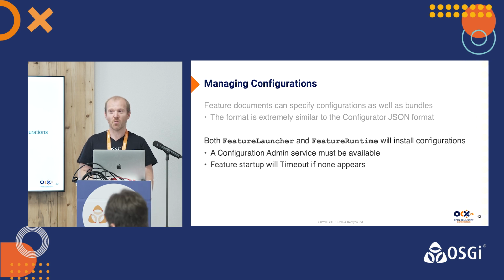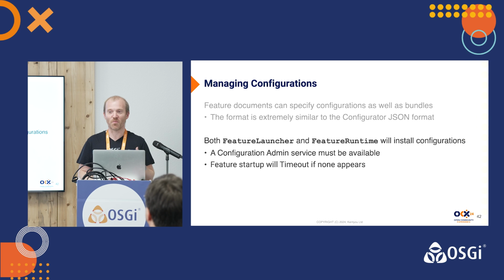Now, in order to allow launching to work, what that means is configurations will be installed as early as they can be, but it will not block the bundles from being started, because it may be that one of the bundles you're starting is configuration admin. So you end up in a horrible bootstrapping problem. So it simply waits, and as soon as configuration admin becomes available, that's when your configurations are created.